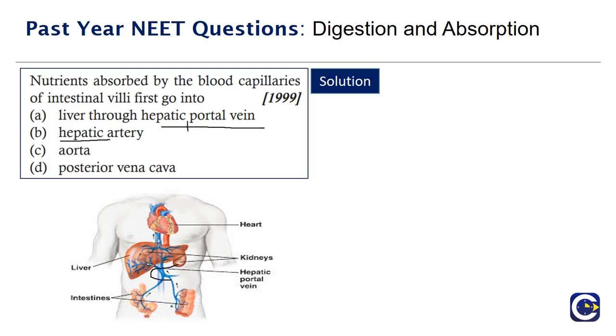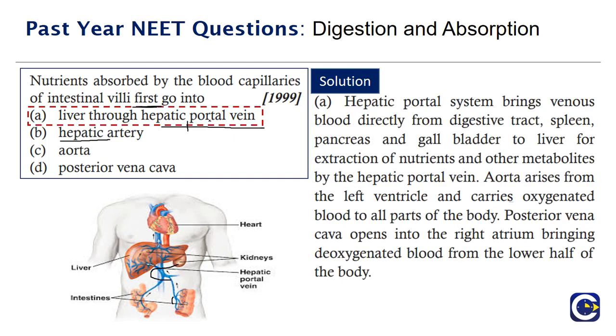So this is a terminal part of the intestine. There are venules here. From capillaries venules are formed, and these go to the liver before they reach the heart through the posterior vena cava. So it will first go into the liver through the hepatic portal vein.